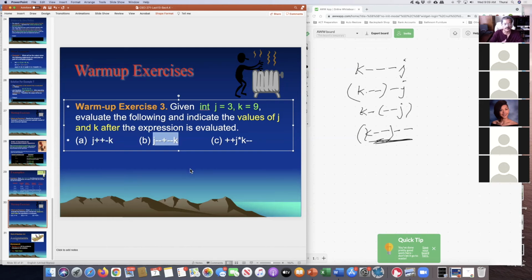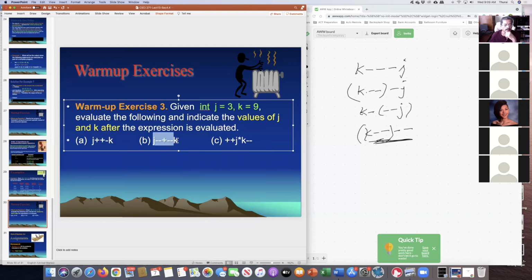So this will not be rejected. Question: why are you increasing it ahead of time? No, I'm not increasing ahead of time. I'm using the current value of J, which is 3. 3 minus 9 is -6.